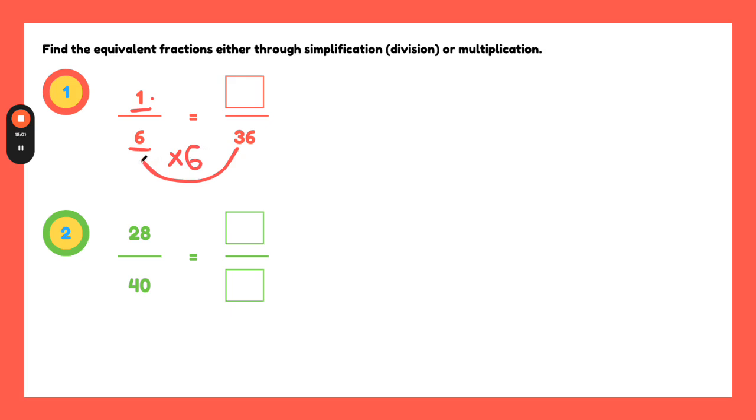Because here we are multiplying by 6 to give us 36, we also need to multiply by 6 here to give us our numerator. So 1 times 6 is 6. So our equivalent fraction here is 6 over 36.